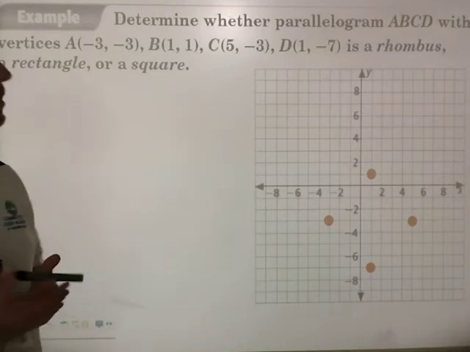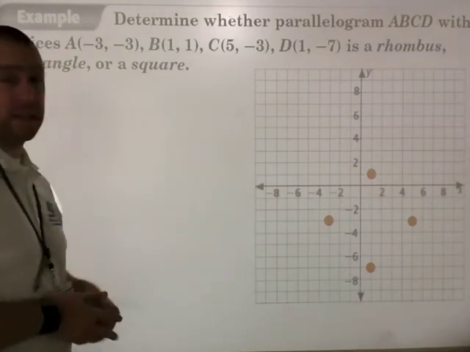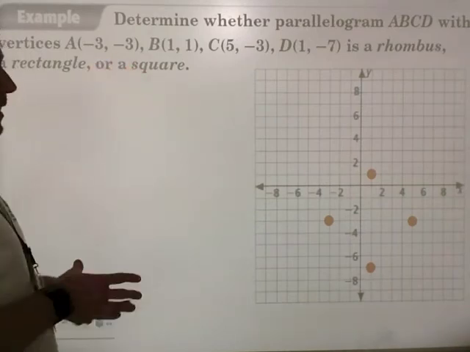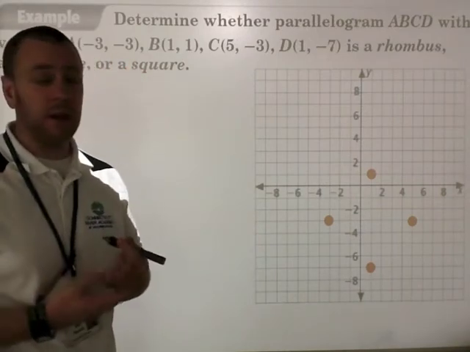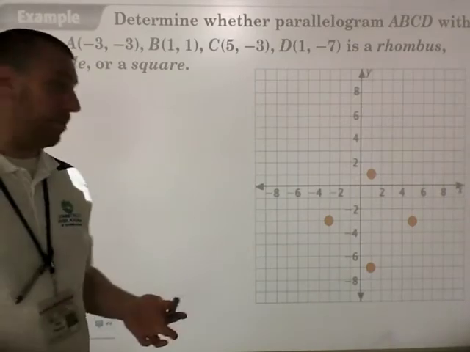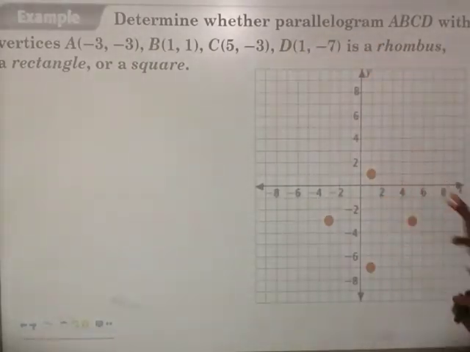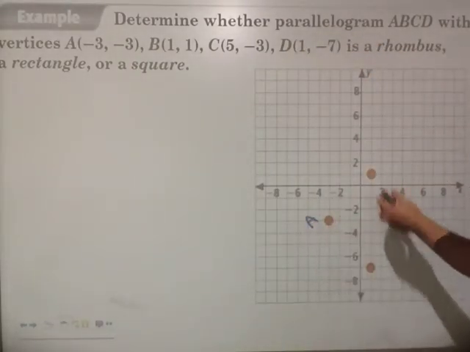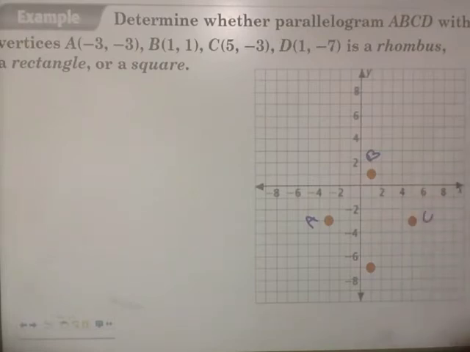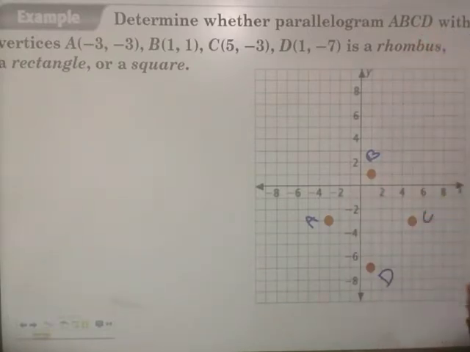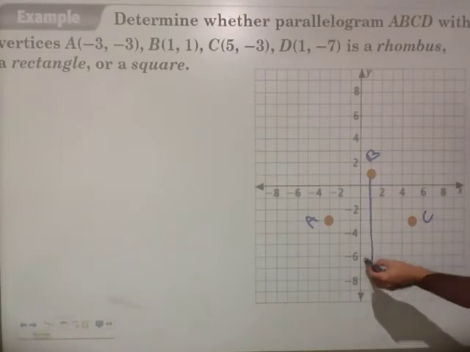The next ones deal with proving something is a rhombus, a rectangle, or a square. And it might sound difficult, but again, it's all about slope. So the first thing is to plot the points and then label A, B, C, and D. Now, if it's a rhombus, these lines are going to intersect at 90 degrees.